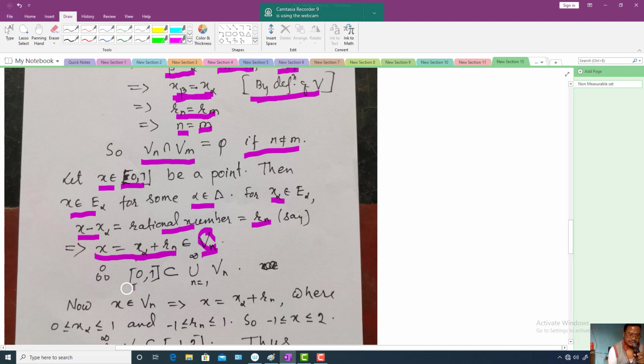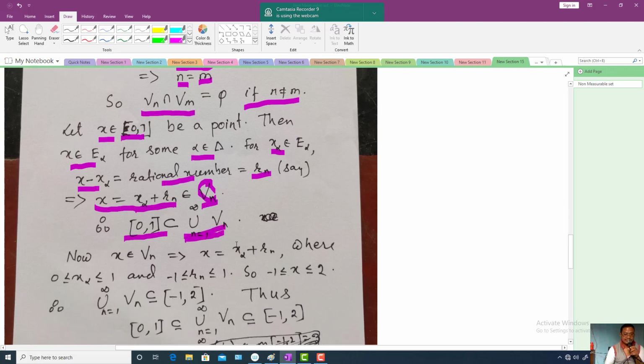That means the closed interval 0, 1 is a subset of this countable union: any member here is a member of some member here. The union n going from 1 to infinity of Vn contains the closed interval 0, 1.